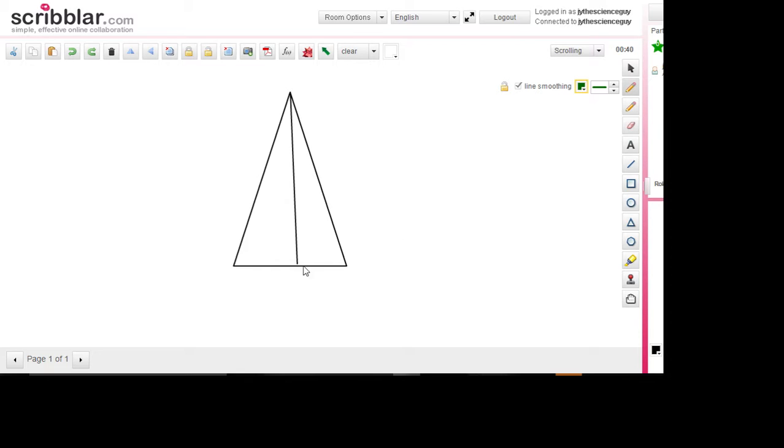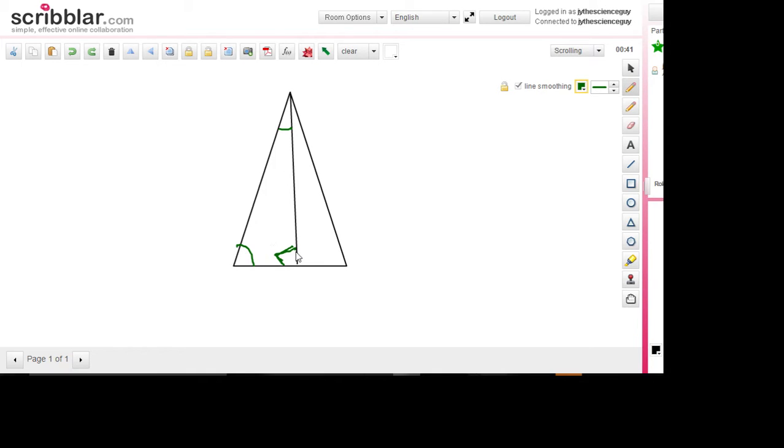What angle does it make with the bottom? 90 degrees. It's not even an angle bisector. It's just a 90-degree line. Okay? And so they gave us this angle, and they gave us this little angle up here, right?